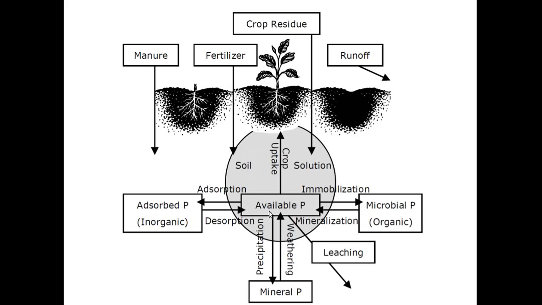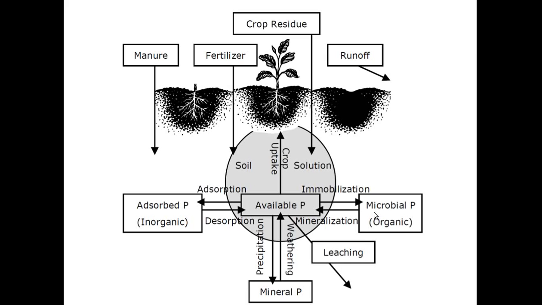And remember, what we have to watch out for is you can get phosphorus adsorbing or sticking to pieces of soil. It's taken out of the available pool if it's sticking to soil. You can also mineralize it, so you can precipitate it out if the pH is appropriate. And so, again, you lose it from the bioavailable pool. Leaching doesn't happen that much, but it can happen a little bit with phosphorus.